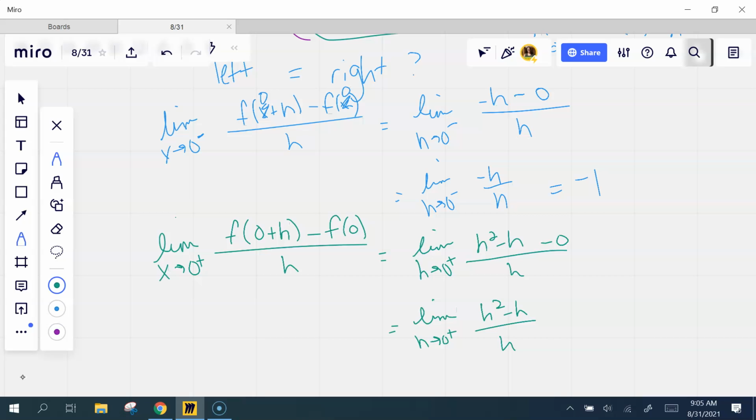How do you get negative 1? h squared minus h over h. Say that again.